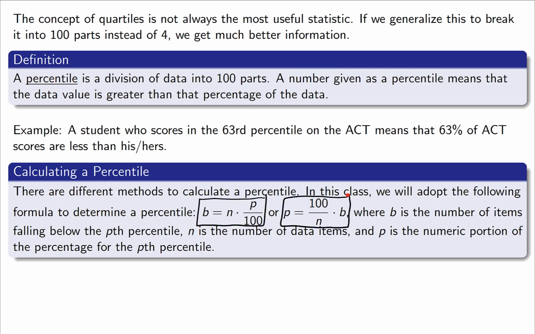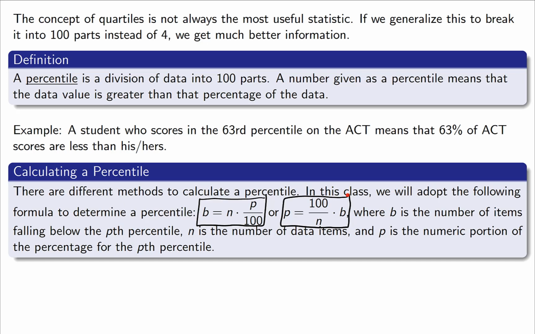One of the most common mistakes that I see students make while doing these percentiles is they don't pay careful enough attention to what the variables represent. This is actually critical information to get percentiles right. P stands for percentile, as you would expect. N stands for the number of data items. B is the variable that I've seen more students have to ask questions about because it is a little bit tricky.